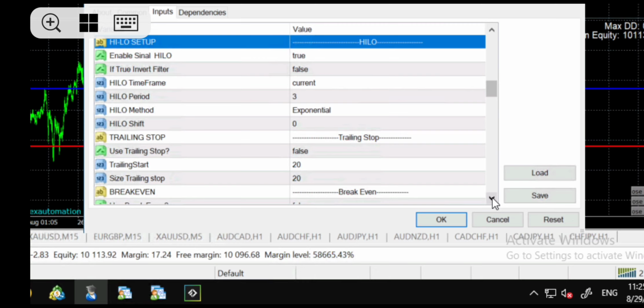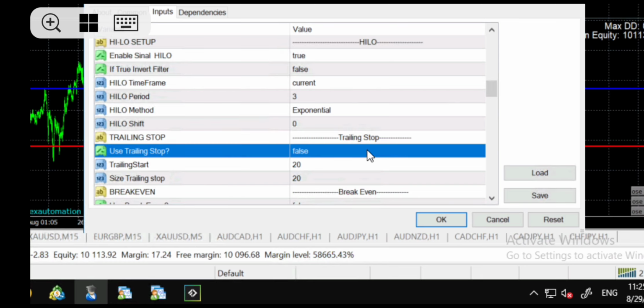In case there is a pullback, let's say you have entered a trade and the market is already running in profit, and then a pullback starts to occur, the trailing stop would have activated at some pips. Maybe you want your trailing stop to activate at 30 pips, since the profit target here is 100 pips.